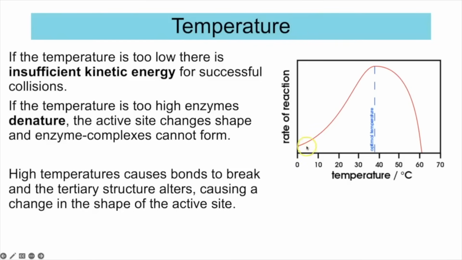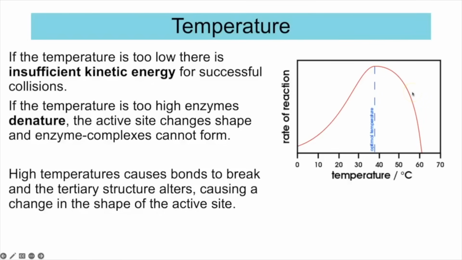So if we start with temperature, we can see this particular shape curve. There is an increase in rate with temperature. We reach our optimum, and then there is a sudden decrease in rate at higher temperatures. And the explanation for this is at lower temperatures there is less kinetic energy, and therefore you're less likely to have a successful collision between the enzyme and the substrate.